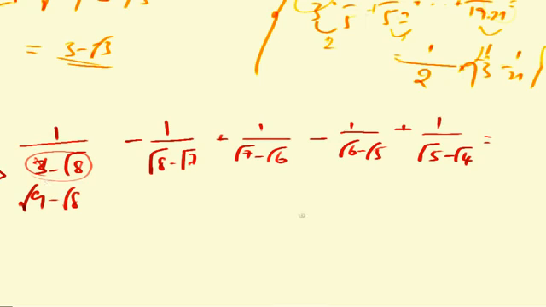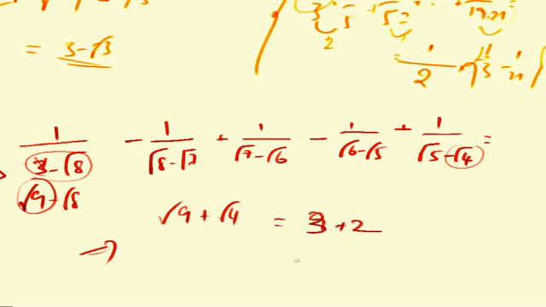The numbers are in decreasing order, all the symbols in the denominator are minus, and the signs between the terms alternate minus, plus. Whenever this happens, the answer is very simple: bigger number plus smaller number. Root 9 is 3, root 4 is 2, so your answer will be 5.